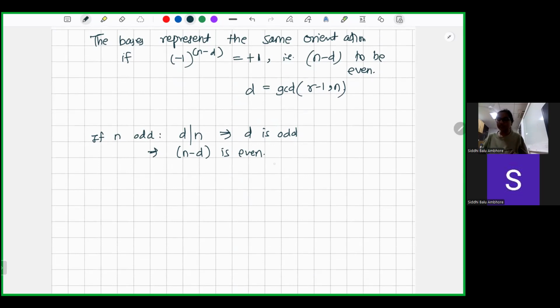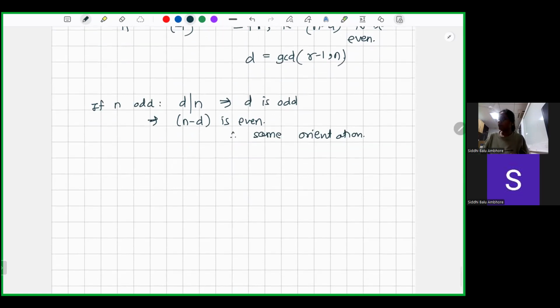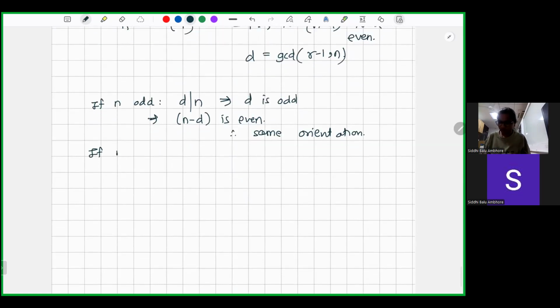So n minus d is even, therefore same orientation. If n is even, then n minus d is even if and only if d is even.